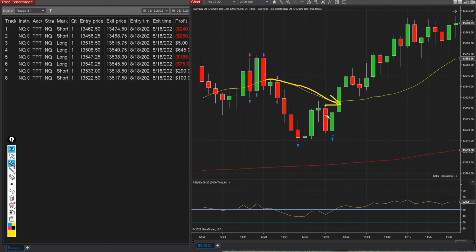So I took this red bar that took out this green bar. After this moved down, it pushed back up to this yellow line. It got decently close. And then this red bar opens and takes out this red bar. So I got short, and then I quickly got out.